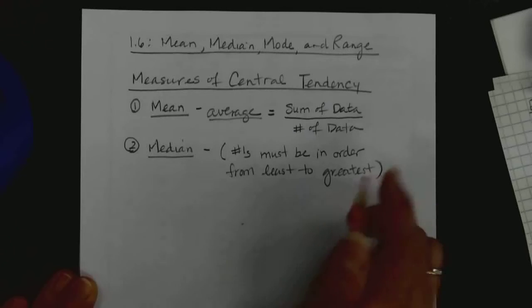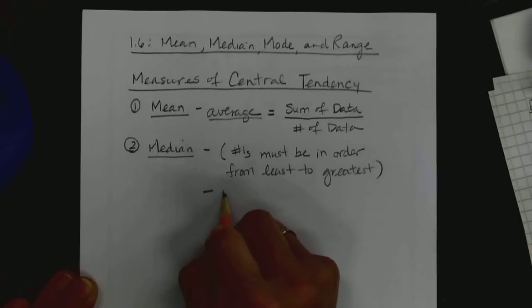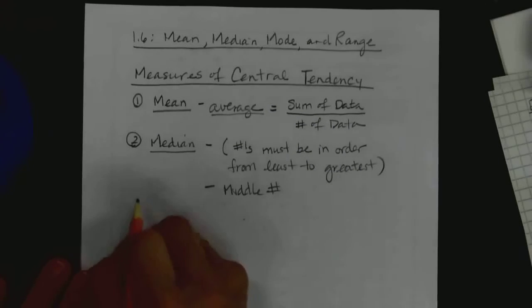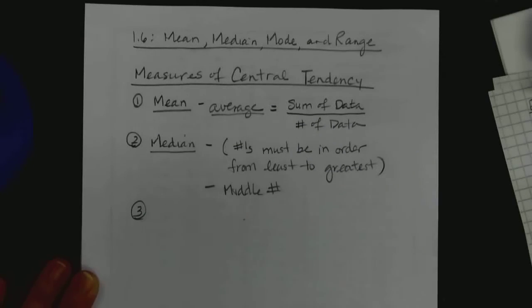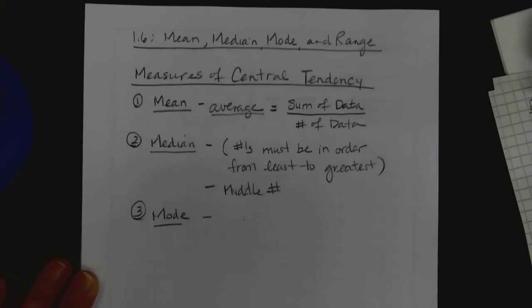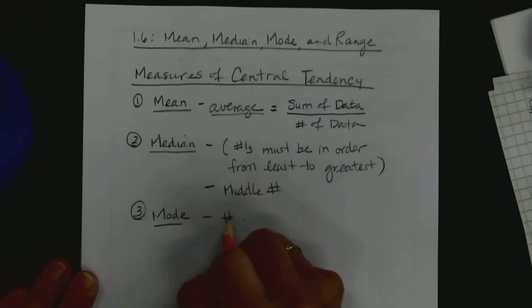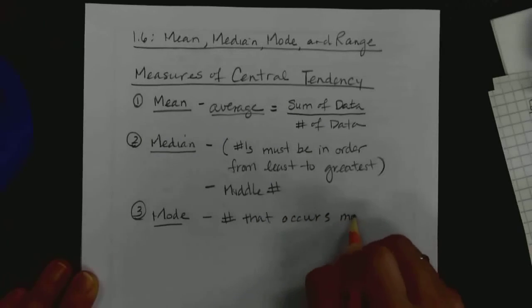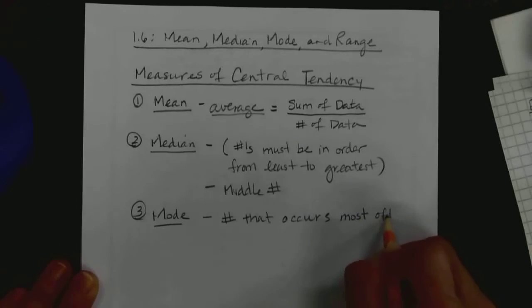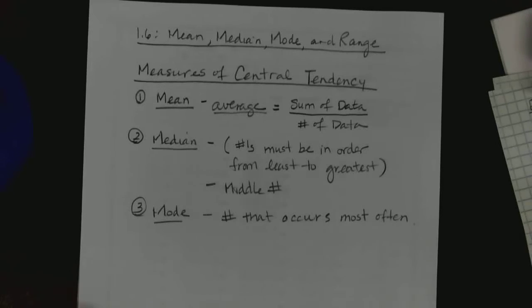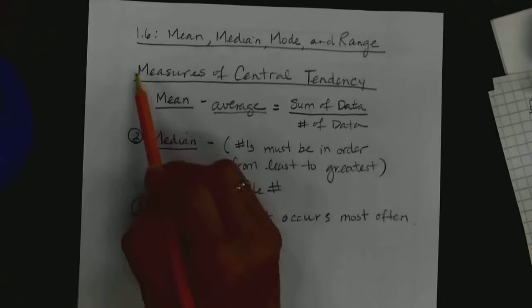And after the numbers are in order, this is the middle number. Okay? And then the third one is mode, and it's the number that occurs most often. What if you have like an even or odd amount? Say it again. For median, what if you have an even amount? Oh, I'm going to show you. Okay? So those are the three measures of central tendency.